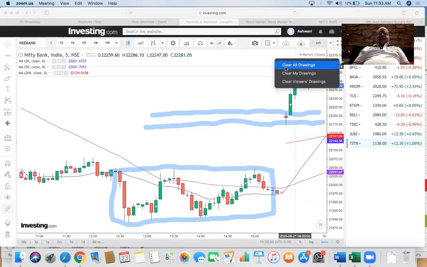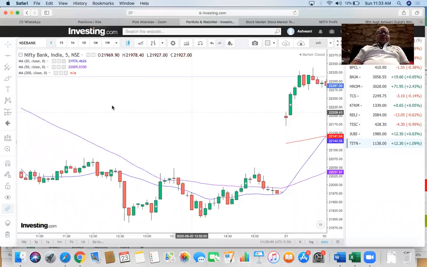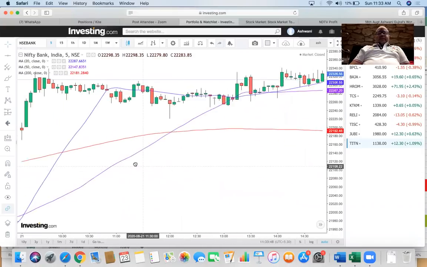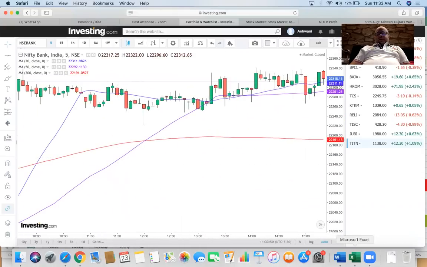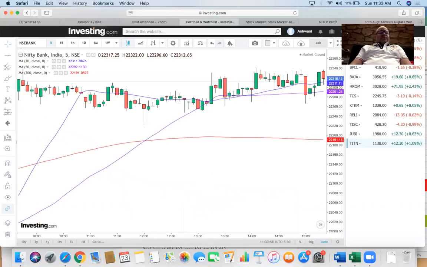Okay, so now that we have seen Nifty and Bank Nifty on the chart, now let's go and see what I have given you as swing trading ideas. First of all, the first stock I would like to give is Coromandel International.